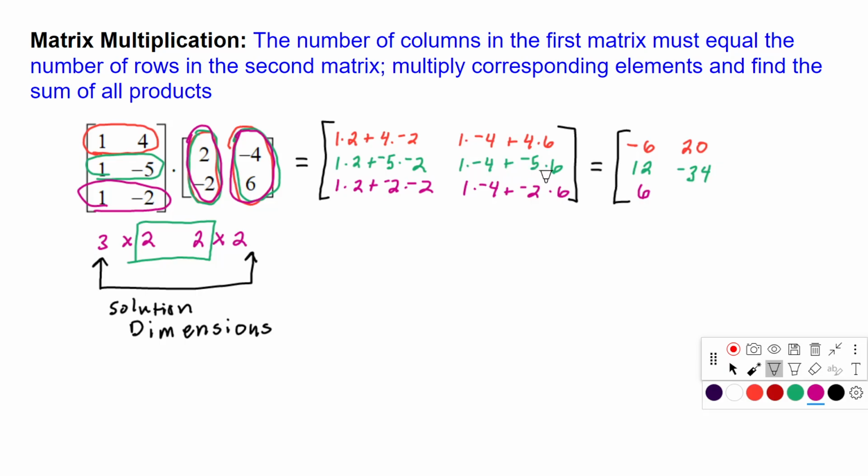Negative 4 plus negative 12, that is negative 16. And that is our solution when we multiply. So it's always taking a row times each column. And that's why the number of columns in the first matrix has to match the number of rows in the second matrix.